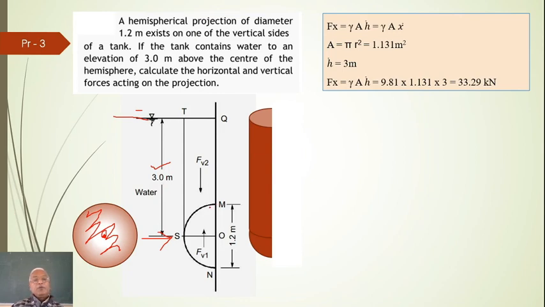Now weight of the liquid FV2, that is only in the area MQTSM. So that weight will be acting there. But there is a surface SN on which the liquid force will be acting to lift it up, buoyant force. How do you calculate the buoyant force acting on the surface SN?